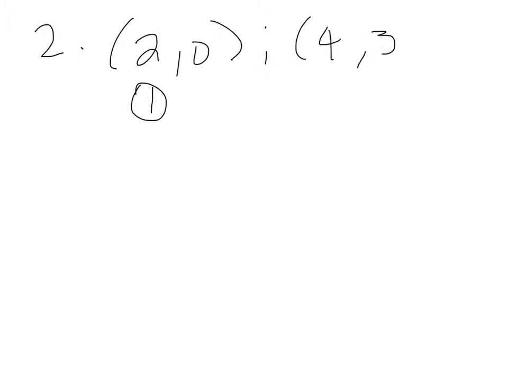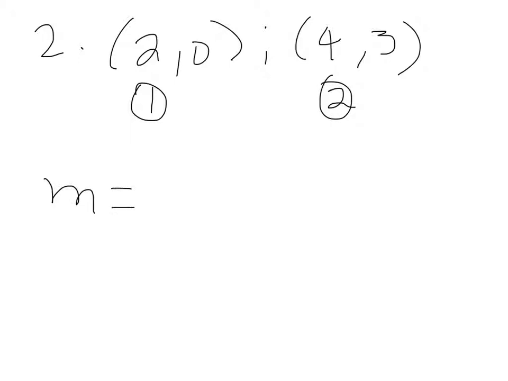All right, so checkpoint 2, I got 2 points. I got one at 2, 0, and they're calling that point 1. And they've got another point at 4, 3, and they're calling that point 2. And we're going to do slope.